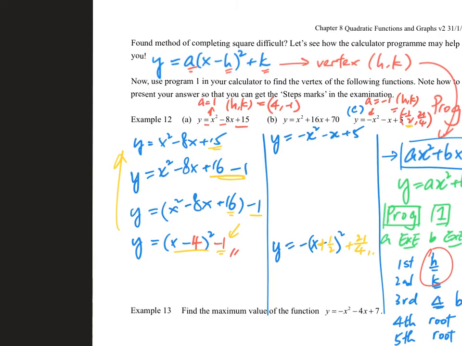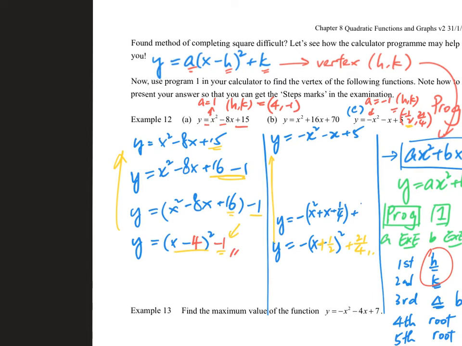Now our job is to write or pretend we have some steps to obtain it, and then you have to do the identity: minus brackets, which is x squared plus 2ab, which gives you plus x, b squared, which is 1 over 4.